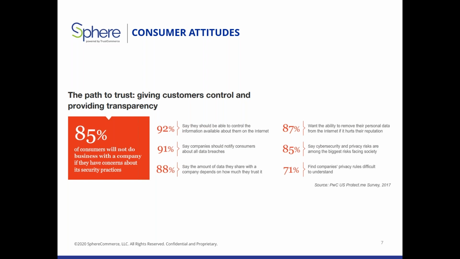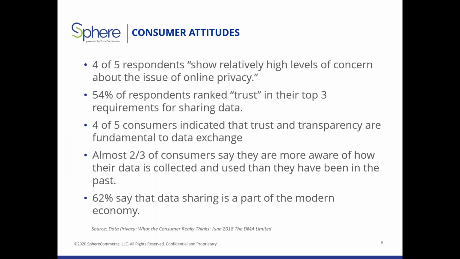But you'll see again, 85% say cybersecurity and privacy risks are among the biggest risks facing society. So these issues of data protection and data privacy are very top of mind for consumers and for donors. We see additionally, they said 4 out of 5 respondents have relatively high levels of concern about the issue of online privacy. 54% of respondents ranked trust in their top 3 requirements for sharing data.